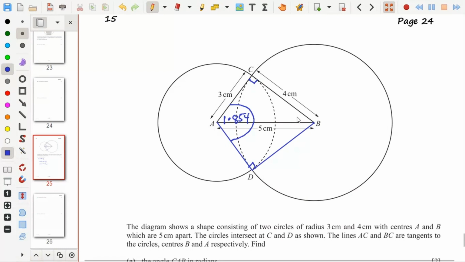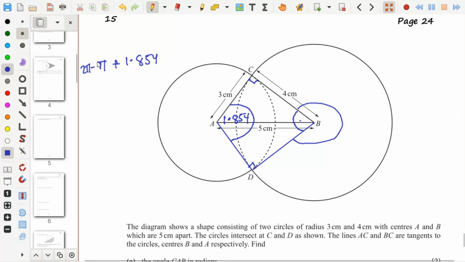So we are left with the angle at this side. That will be pi, that's 90 plus 90, plus 1.854, minus 2 pi, should give me the angle at this side.